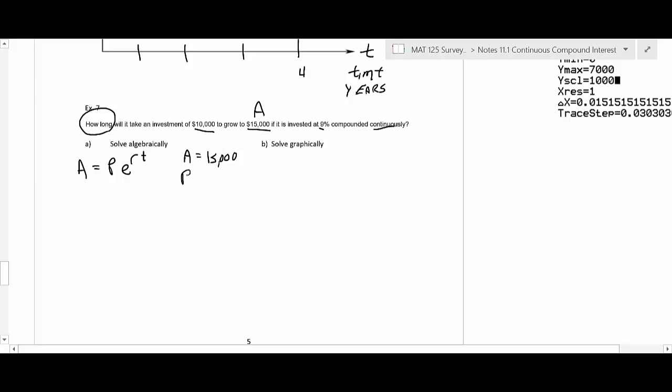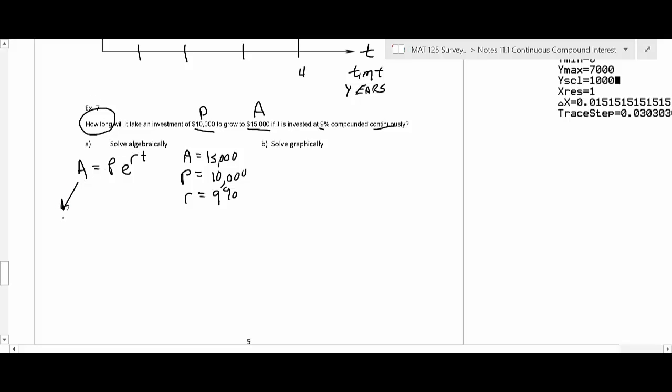What's P? 10,000. You know that because you start with a number and it grows to a bigger number. Okay, your interest rate is going to be 9%. We don't know T. So we're going to plug everything into this formula.